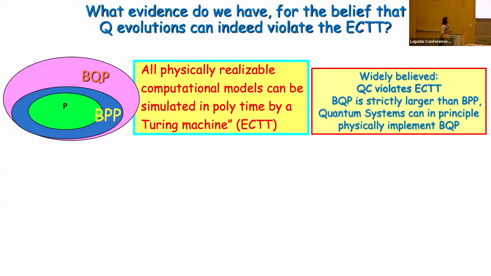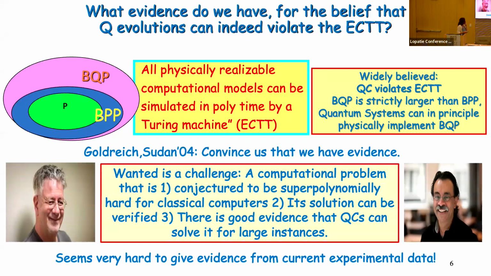Okay. So, given the importance of this assumption, it's worth asking: what is the evidence that we have for our belief that quantum computation is indeed going to violate the extended Church-Turing thesis? And I should say that I owe my own doubt about this to Oded Goldreich and to Madhu Sudan, in a very exciting discussion I had with them in 2004.